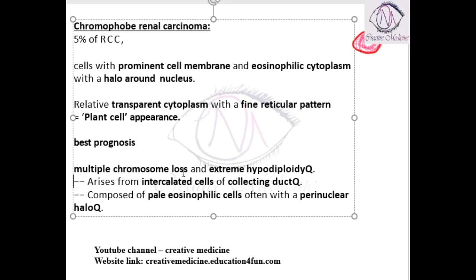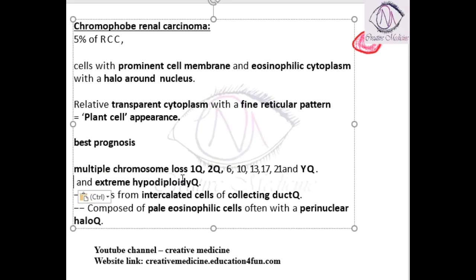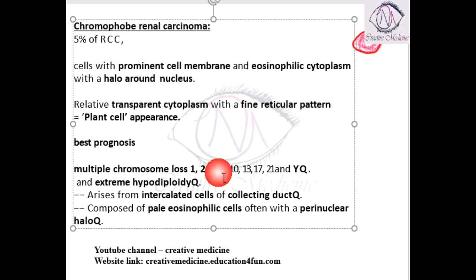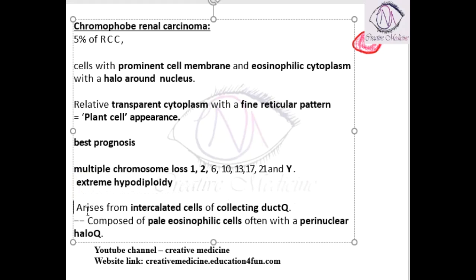The chromosomes which are lost in the chromophobe type of renal cell carcinoma are chromosomes 1, 2, 6, 10, 13, 17, 21 and Y, and the patient will also present with extreme hypodiploidy seen on histological examination.